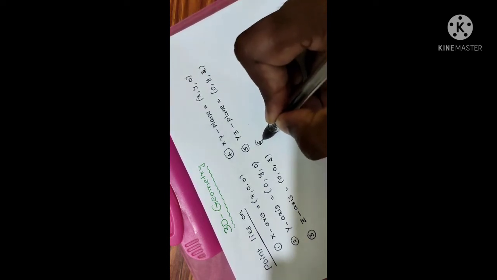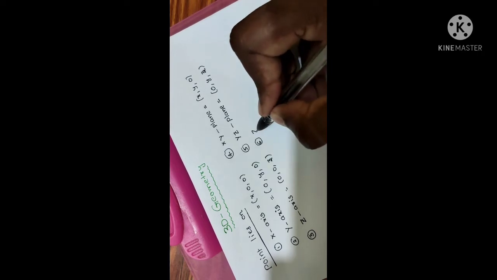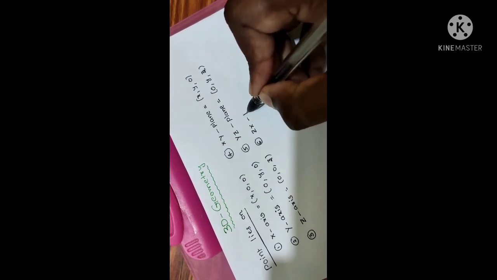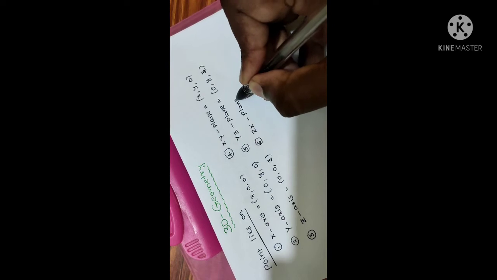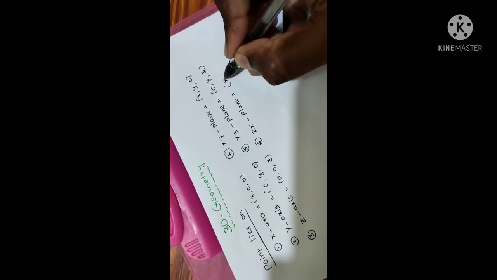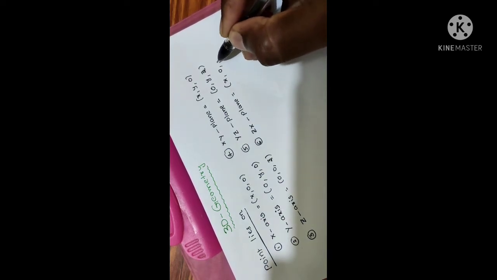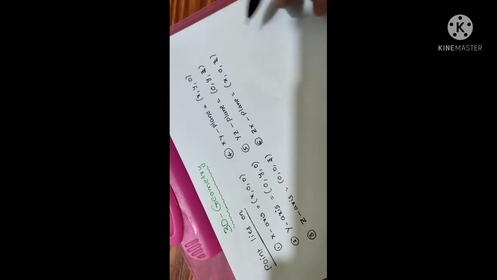Next, sixth one, the point lies in the zx plane, now the x value will be there, y value will be 0 and z value 0. So these are the points that lie on the x-axis, y-axis, z-axis, xy plane, yz plane and zx plane.